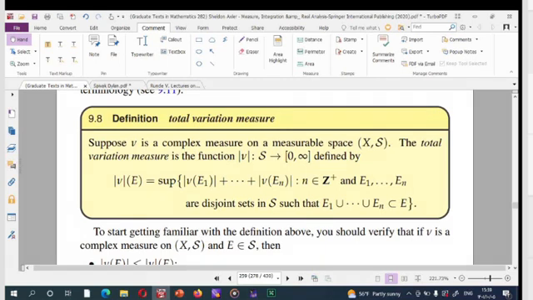With this property, this union must be a subset of E. This is an important set function constructed from a complex measure, and we see that this is a positive measure on S, okay, and it is called total variation of nu.